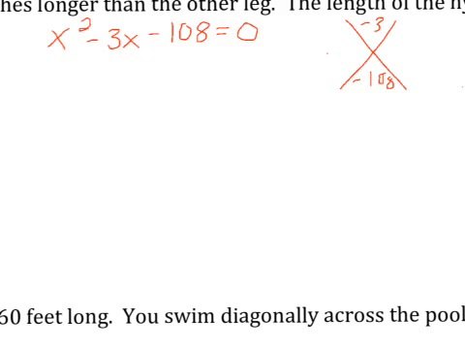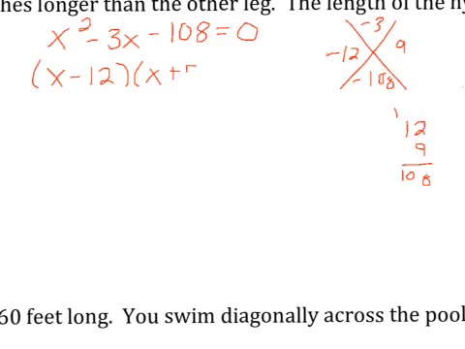So a -12 and a +9. Let's see. I don't have a calculator with me at the moment, so let's check and make sure that this really equals 108. Oh, good, it does. Okay, so we get x minus 12 and x plus 9 equals 0.